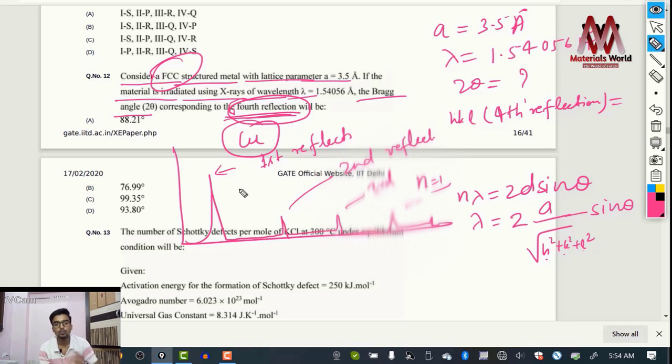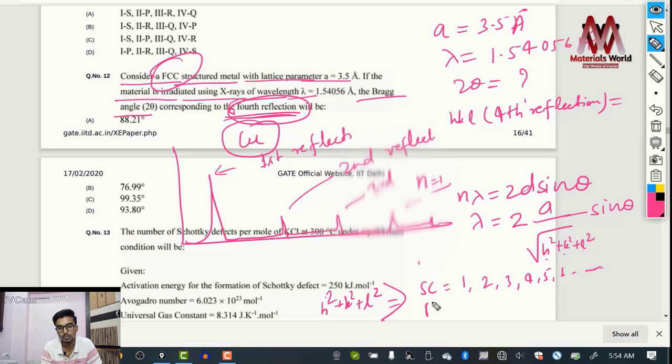So there is one rule of indexing. In order of first, second, third, we can write the h square plus k square plus l square values for FCC, BCC and simple cubic. For simple cubic, the h square plus k square plus l square values are 1, 2, 3, 4, 5, 6 and so on. For BCC, they are 2, 4, 6.